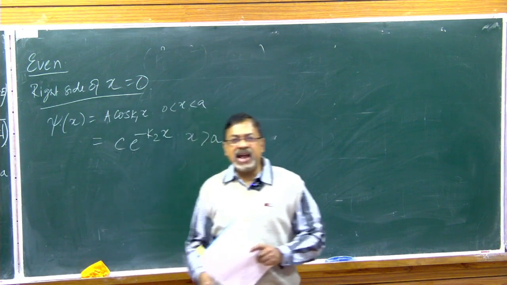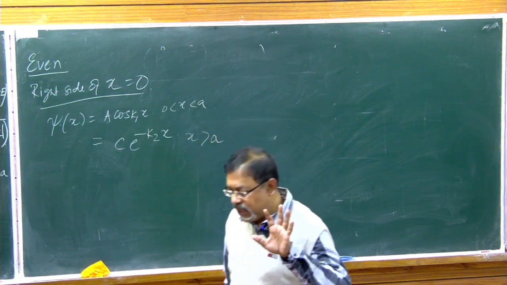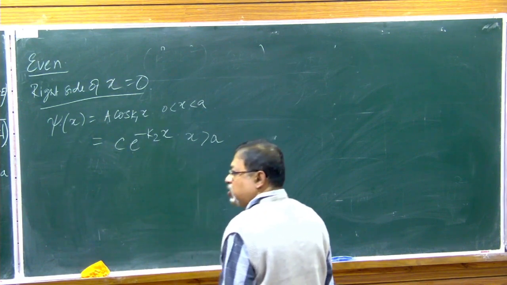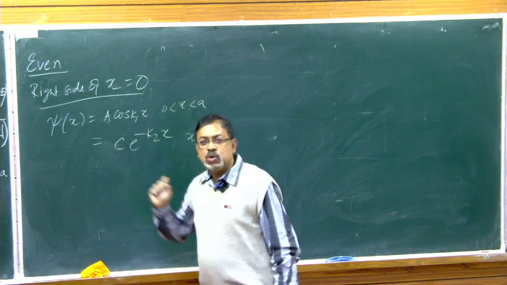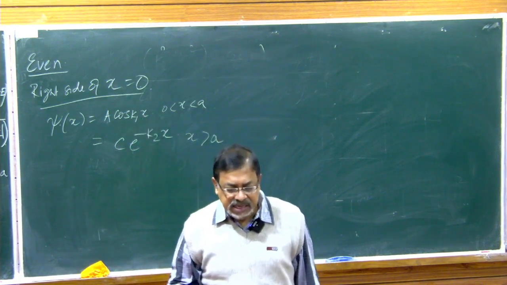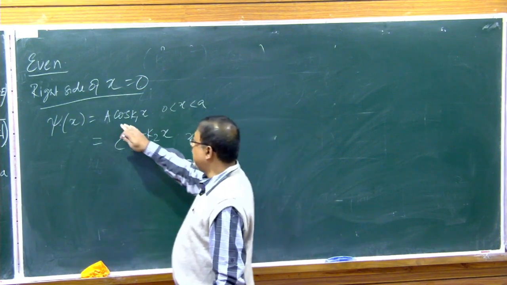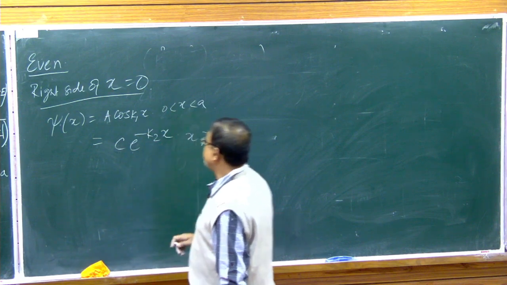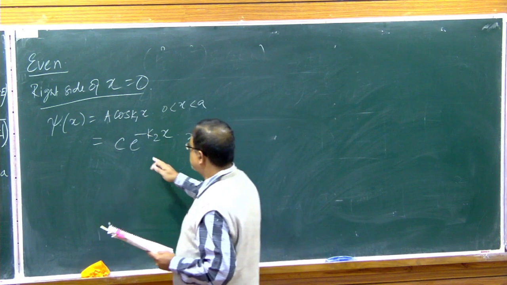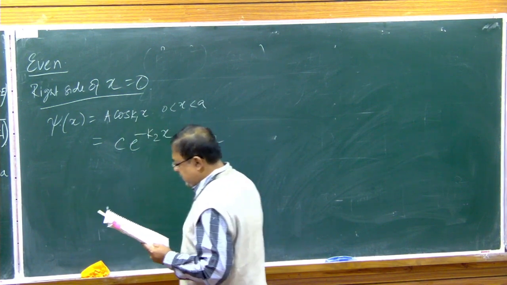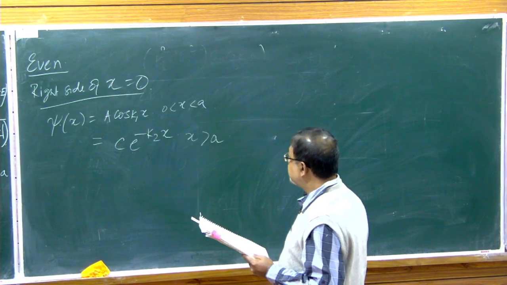Okay, so that's the right side of 0, because we are now distinguishing between the even functions and the odd functions. As you know, cosine doesn't change sign as you change x to minus x, whereas sine changes sign. That's why we have kept the cosine here. And for x greater than a you have C exponential minus k2 x.